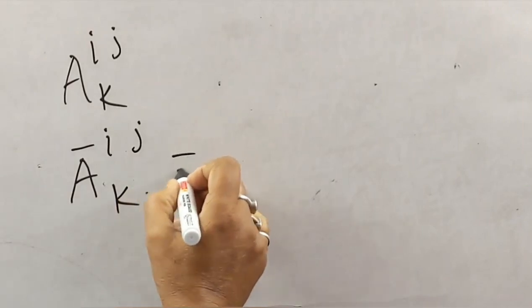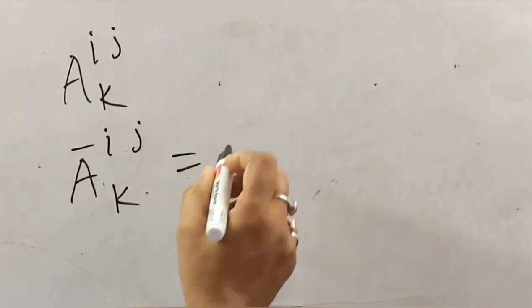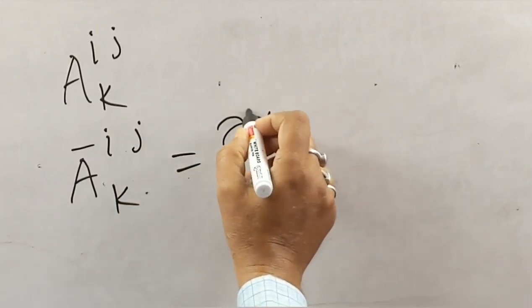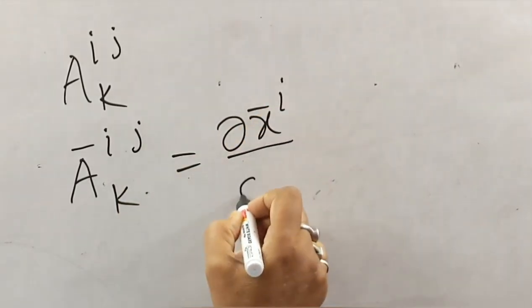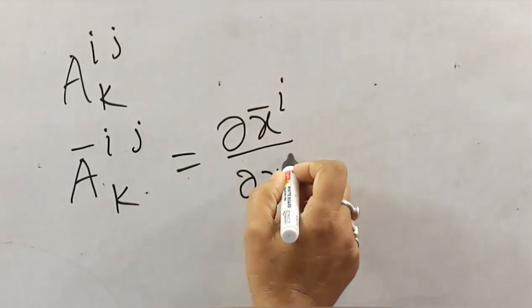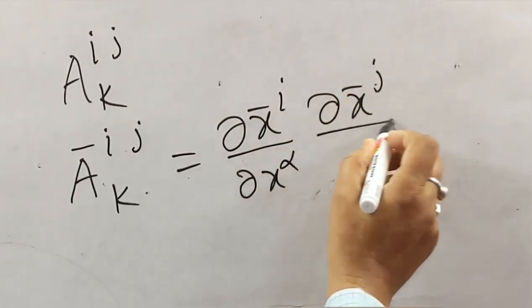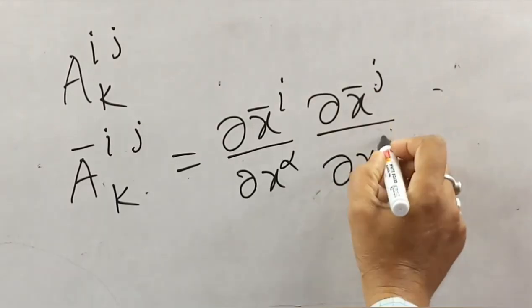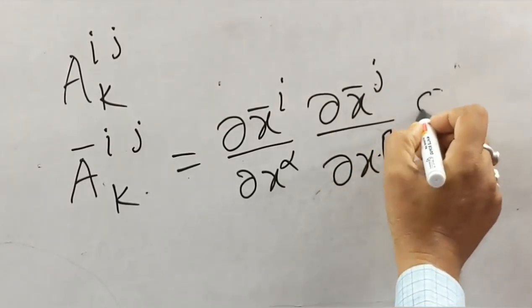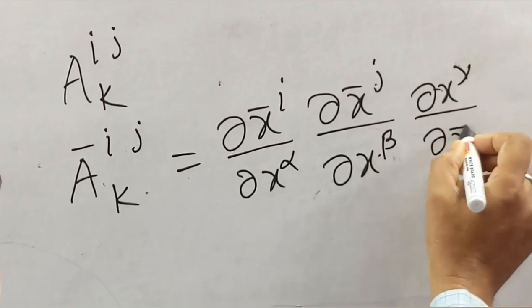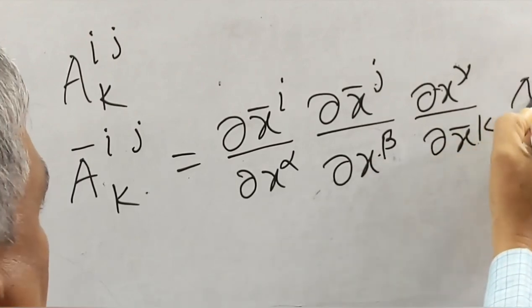According to the tensor law of transformation, this equals del x bar i by del x alpha, del x bar j by del x beta, del x gamma by del x bar k, A alpha beta gamma.